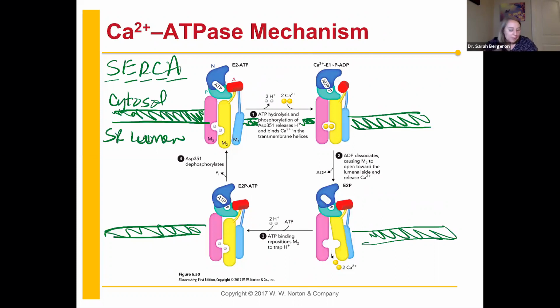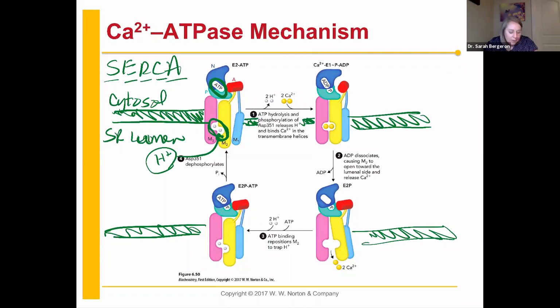Okay, so what happens is inside the lumen, you have hydrogen ions. Those hydrogen ions are going to bind down here in this part of the molecule, right? And so ATP is going to bind up here at the top in the cytosolic area.